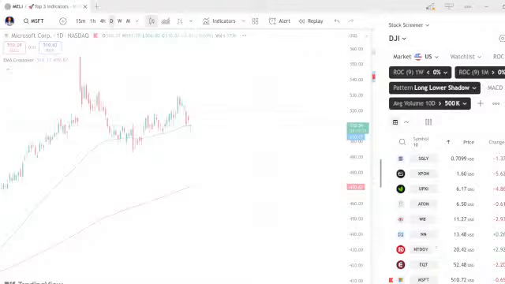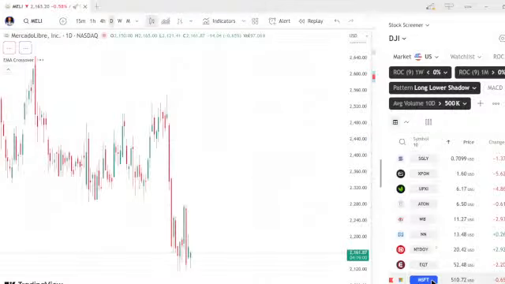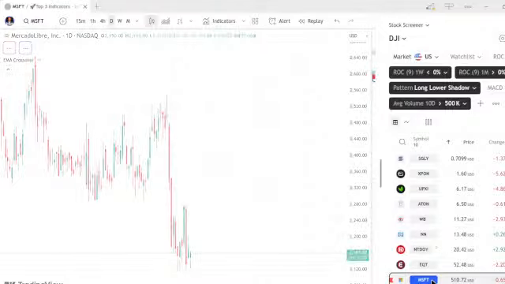The key is understanding these screeners here on top, and knowing that these are long-term trades, right? So Microsoft is definitely what I would buy right now.